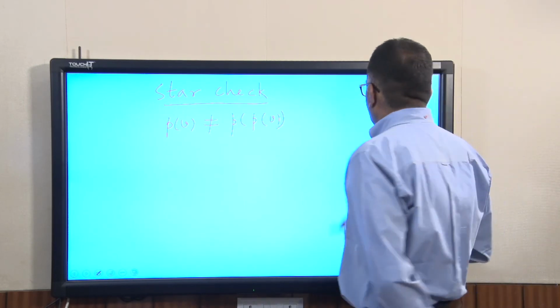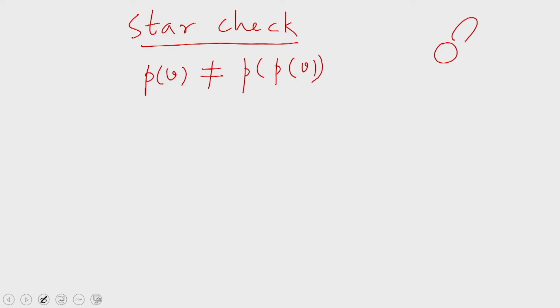That is because the root points to itself. The parent of a root is itself. Now, consider a child of the root. Let R be the root and let X be this vertex. Now, the parent of X is R and the grandparent of X is also R. So, for every child of R, the parent is R and the grandparent is also R.